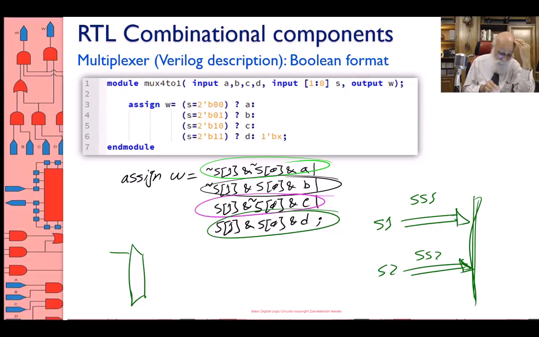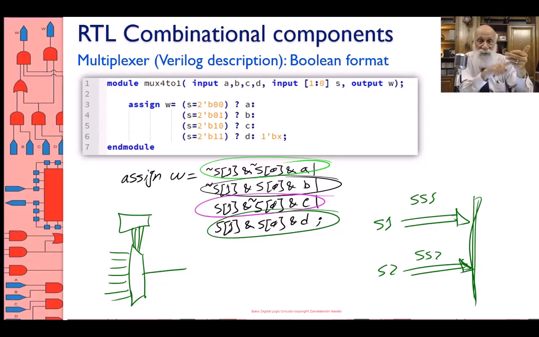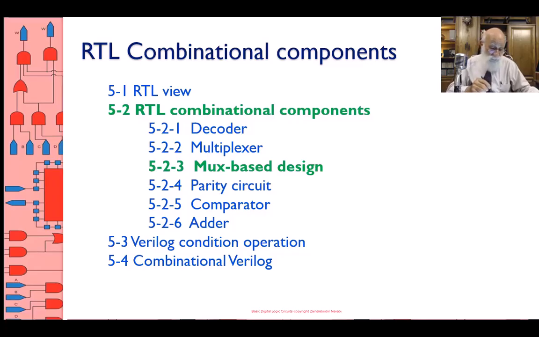Let's say you have 16 parallel data, and then you have a 16-to-1 multiplexer, and the S input goes from 0000, selecting the first one, then selecting the next one, and therefore all of these parallel bits will be serialized on this serial data line. One more thing we mentioned was multiplexer-based design. Okay, so let's leave that for the next part.